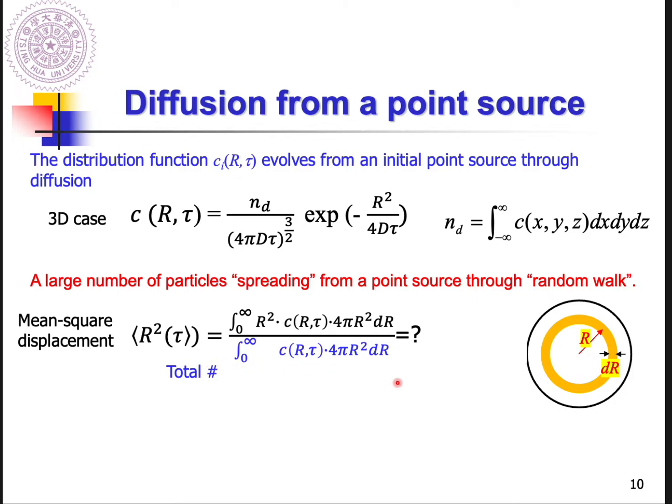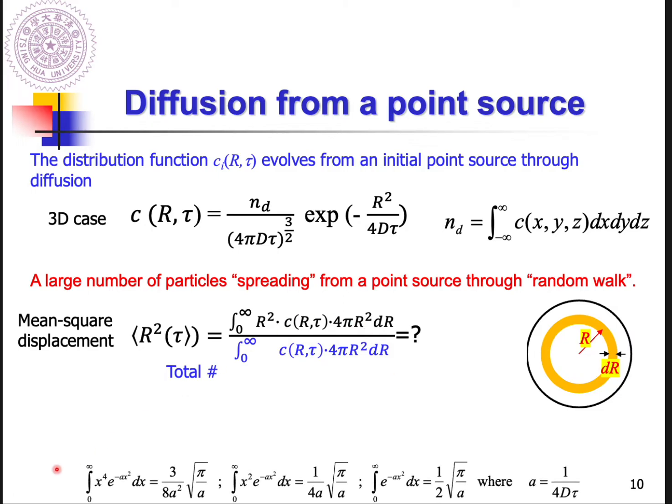You need some mathematics books to help you solve this equation, so we just grab some results from a textbook. This is r squared, and if we take this in here, then this is nothing related to r, right? So we got r to the 4 times exponential minus r squared.